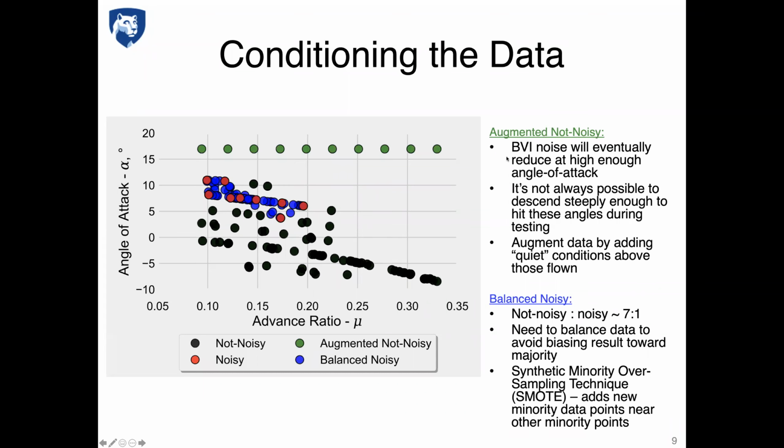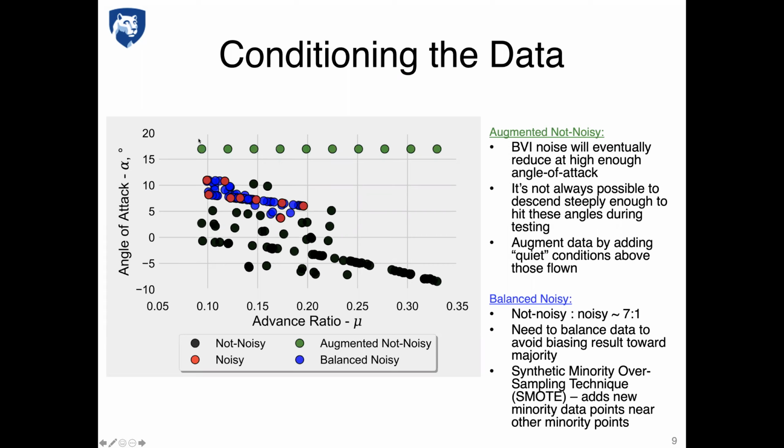First, we know that as the angle of attack increases farther and farther beyond what we normally fly, eventually the Blade-Vortex interaction noise is going to start to decay, because the rotor wake will at a very steep rate of descent be above the rotor, and so we won't be generating a lot of noise.